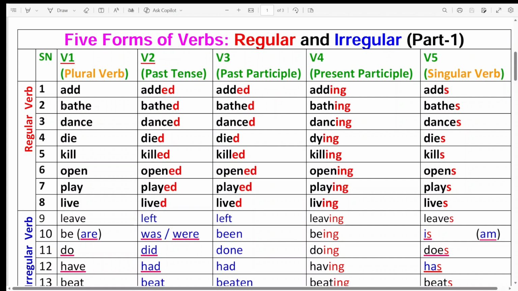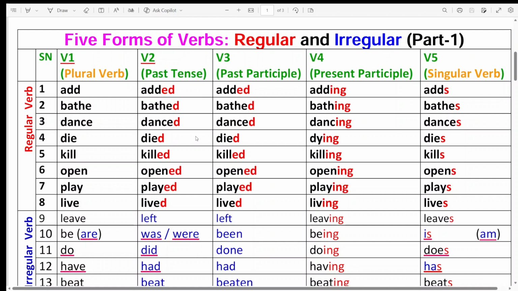Let me let you know that bathe is bathe, not bath. Bath is bath, and bathe as a verb is bathe. Here you see number 5, kill, killed, killed. So they are regular verbs.